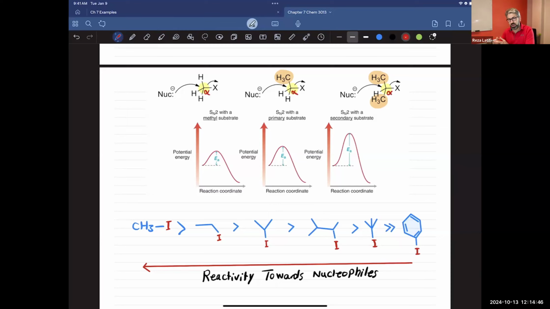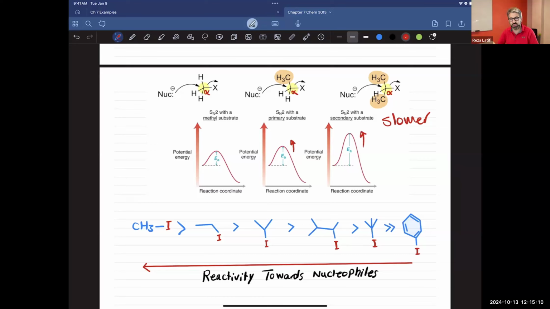Because reaching the alpha carbon gets harder as we increase the substituents on it, the reaction will be slower. How? Because the activation energy is going to go up. So as you see, by replacing hydrogen with methyl, the activation energy went up.